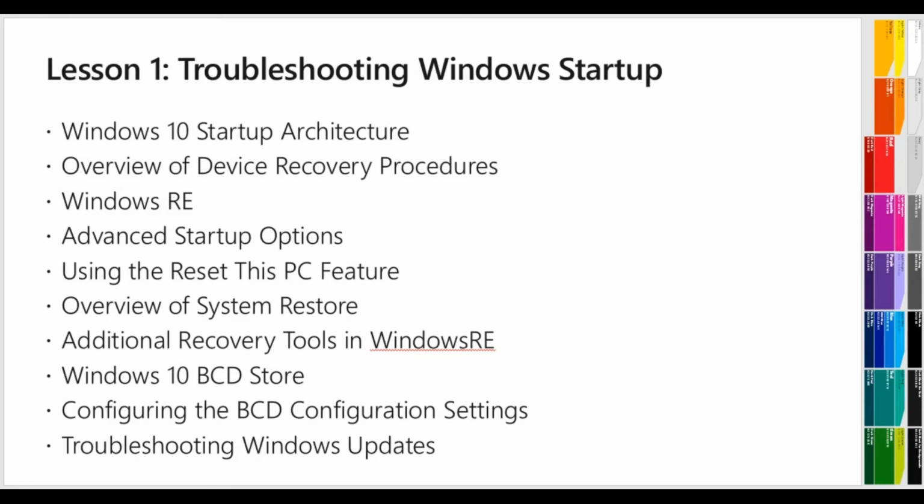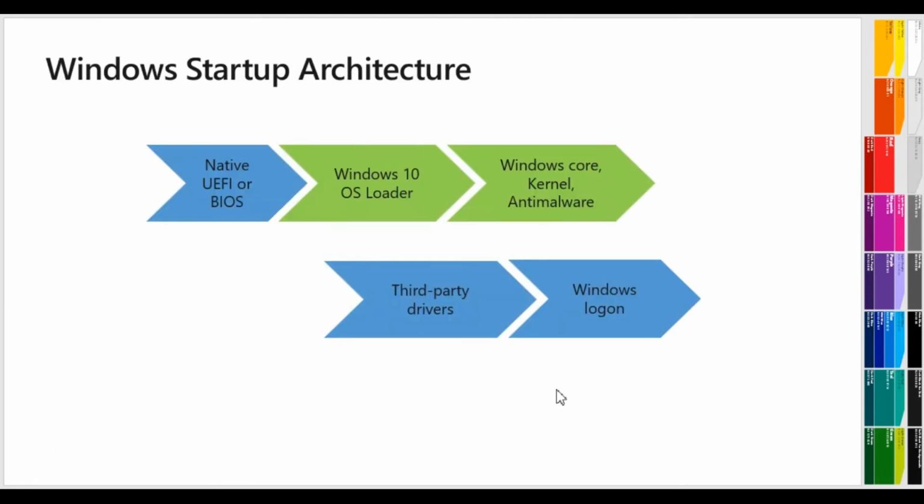In troubleshooting Windows startup, we're going to look at Windows 10 startup architectures, overview of device recovery procedures, Windows recovery environment, advanced startup options, using the Reset this PC feature, overview of Windows System Restore, BCD configurations, Windows updates, all these things. So in these sections we're going to look mostly at how to recover if you have a problem with the operating system.